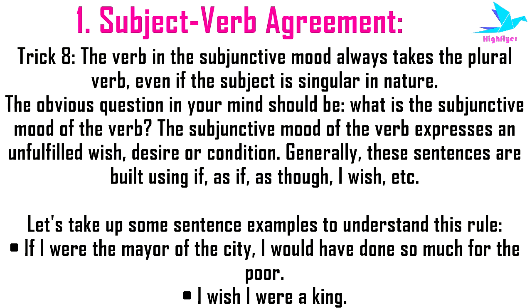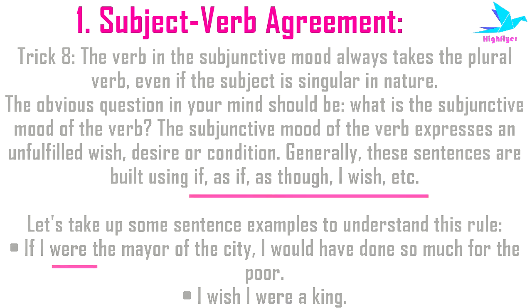Generally these sentences are built using if, as though, I wish, etc. For example, if I were the mayor of the city, I would have done so much for the poor. Or next example, I wish I were a king. Here we are talking about one person in singular form as I, but still the verb is plural, that is were.